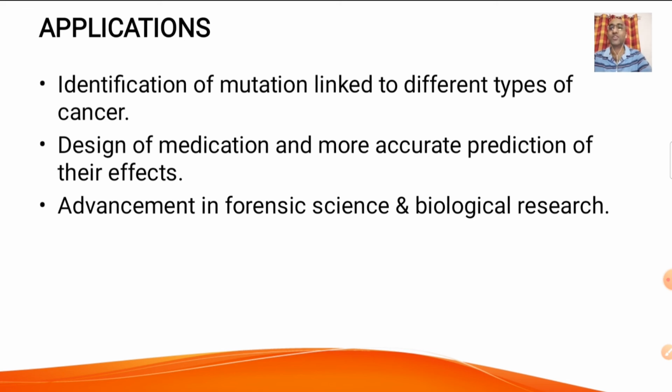Through the Human Genome Project, by mapping the genes, we can design medication and predict more accurately their effects. And another is that it will help in forensic science and biological research. So these are the various applications of the Human Genome Project.